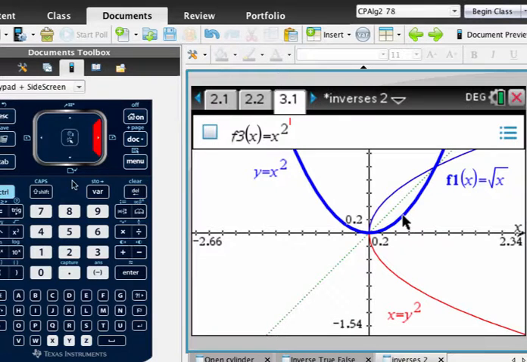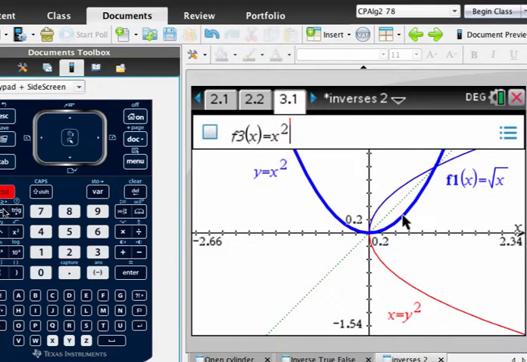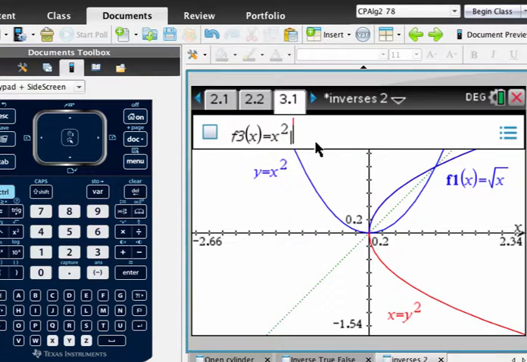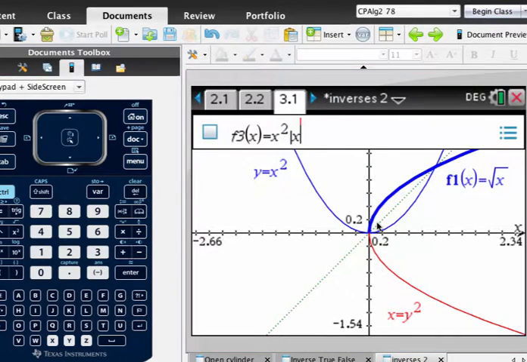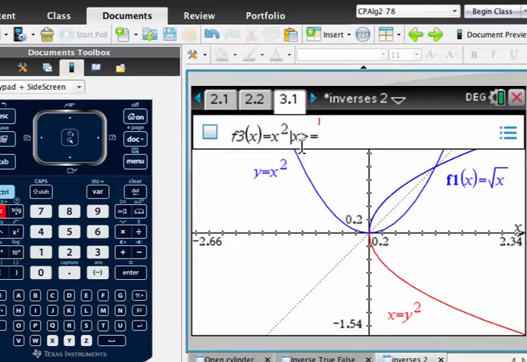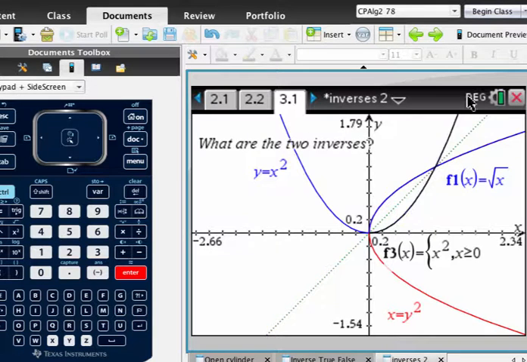Maybe you have not done this before, but I'm going to show you that you can put a constraint on x right in here and make just one piece of that graph. There we go. So these two pieces are inverses.